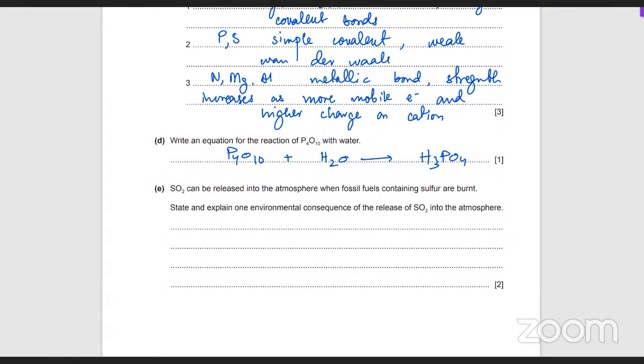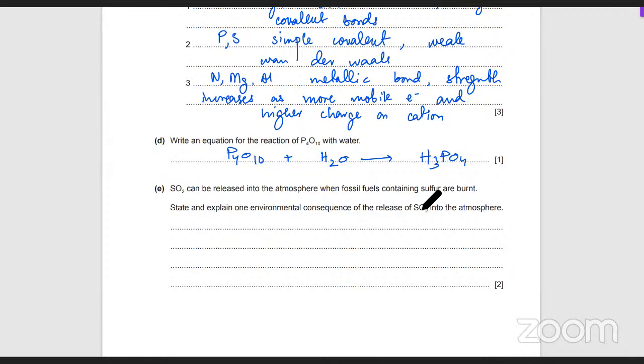Now, SO2 can be released into the atmosphere when fossil fuels containing sulfur are burned. State and explain environmental consequences. So, what happens with SO2? State and then explain. Environmental consequences for SO2: the formation of acid rain, sir.